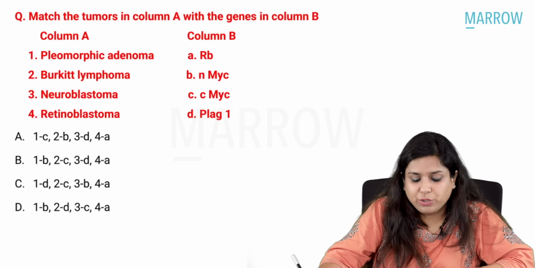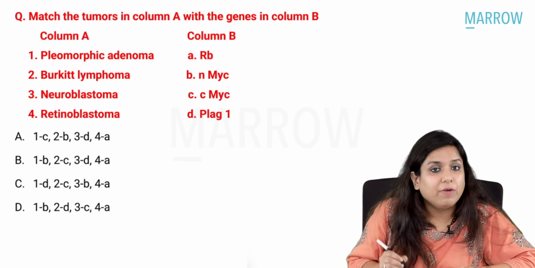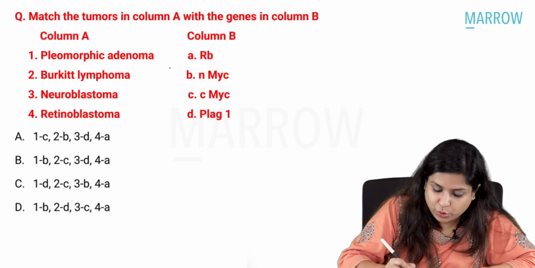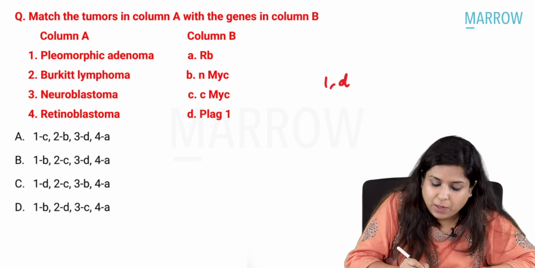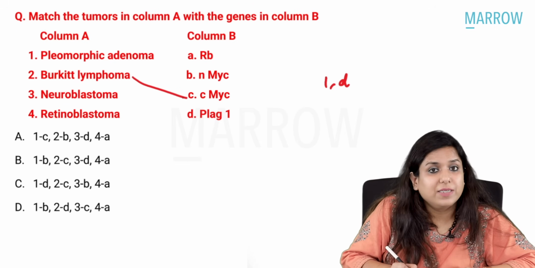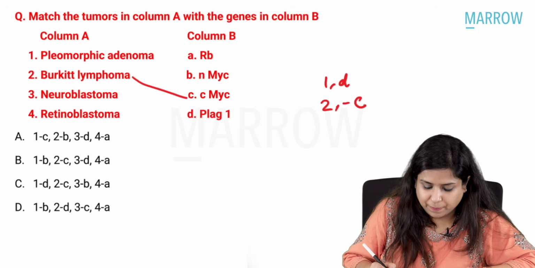Next, match the tumors in column A with the genes in column B. Pleomorphic adenoma, we just did, PLAG1 gene is affected. So, we are matching 1 and D, correct? Burkitt lymphoma is associated with CMYC. Remember I told you? So 2 is associated with C, right?